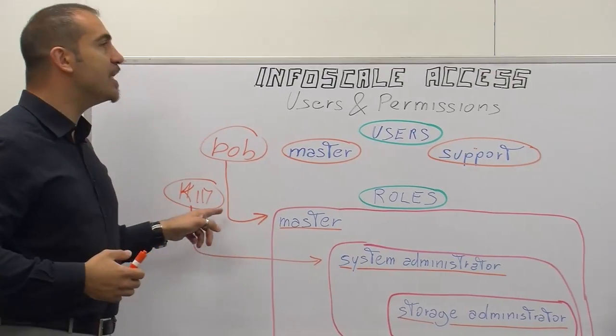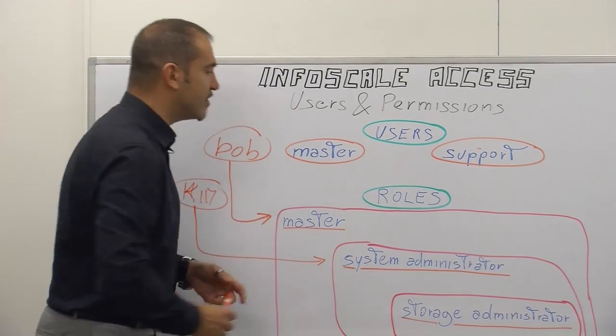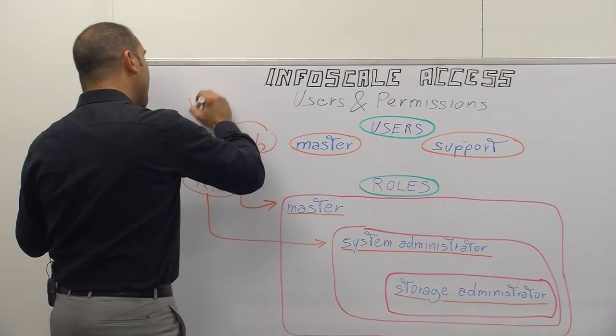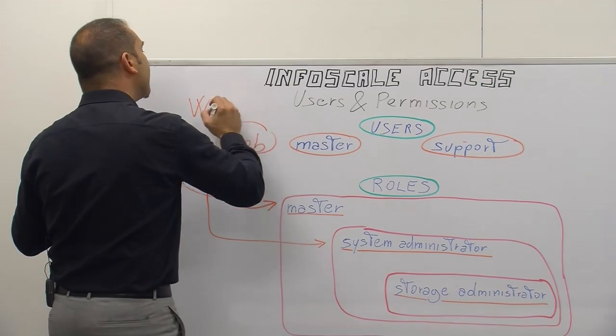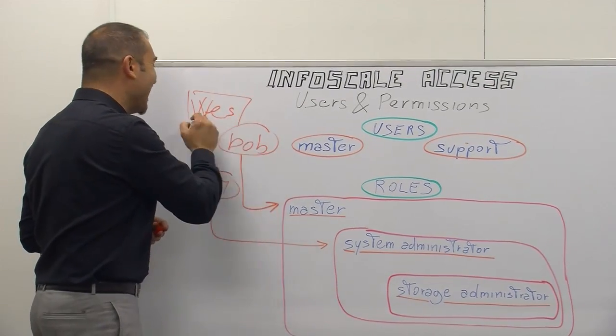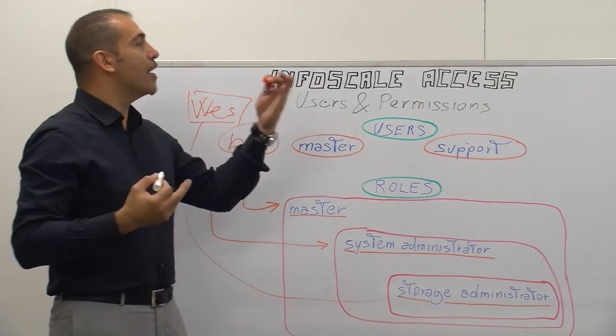But Kim will not be able to create users. There is another role that can be assigned to another user. For example, let's say that you create another user called Wes, and you don't trust Wes much. You will assign to Wes the storage administrator role.